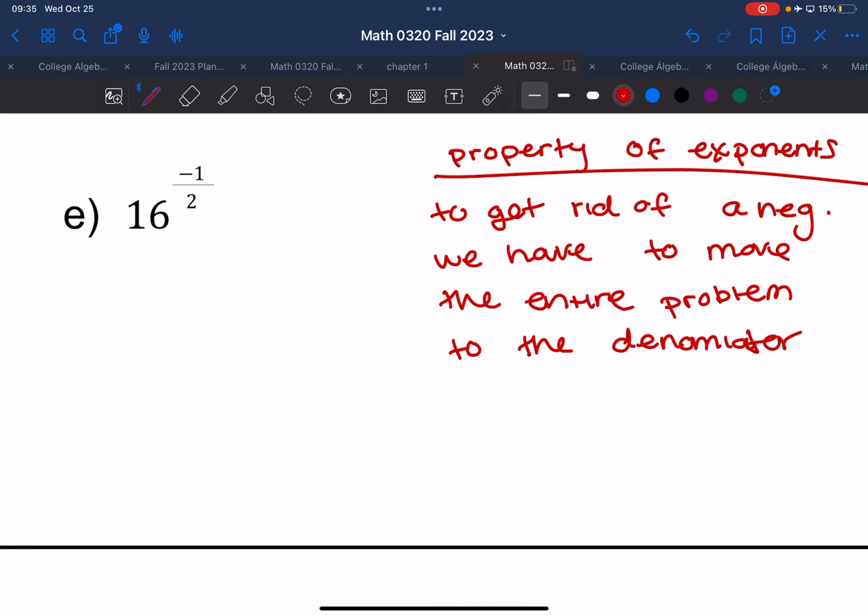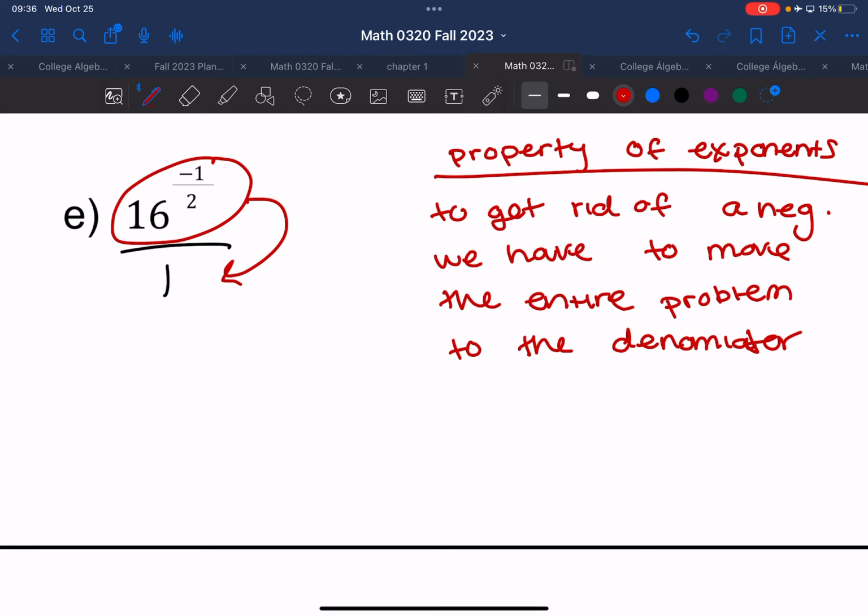So right now, if we look at this problem, since it's a whole number of 16, our denominator is just 1. In order to get rid of that negative in the exponent, we're going to have to move this entire thing to the bottom.